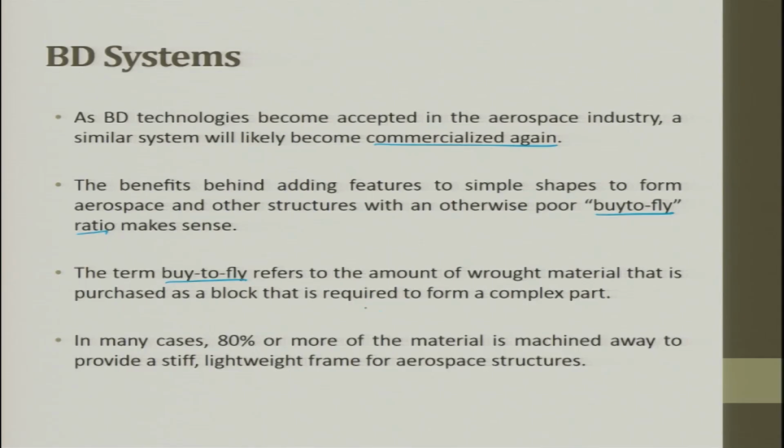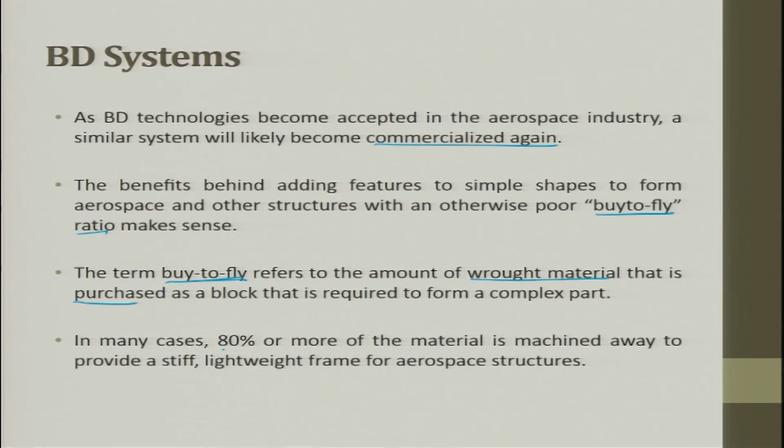The term buy to fly refers to the amount of wrought material that is purchased as a block that is required to form a complex part. You purchase the block, then do a subtractive process and try to make a complex shape.